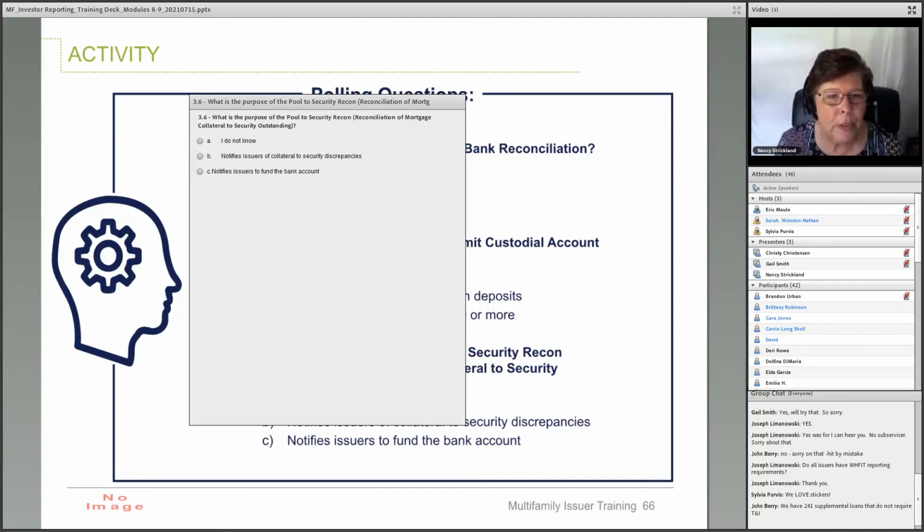What is the purpose of the pool to security recon? Long name, reconciliation of mortgage collateral to security outstanding.